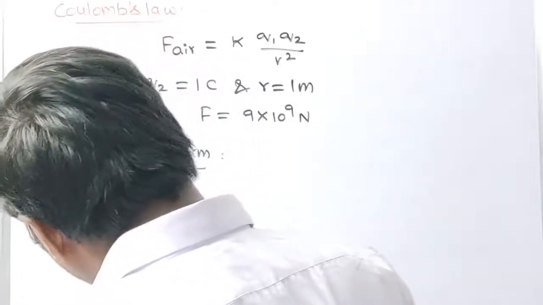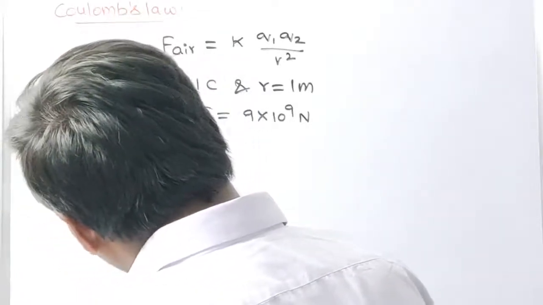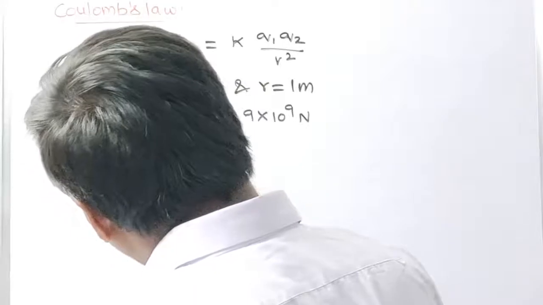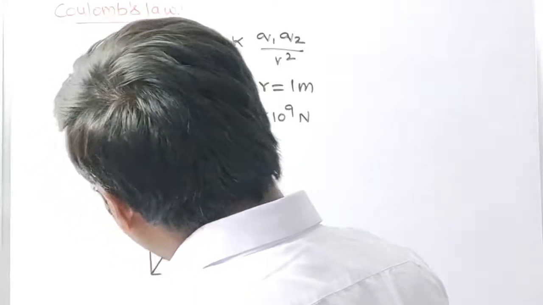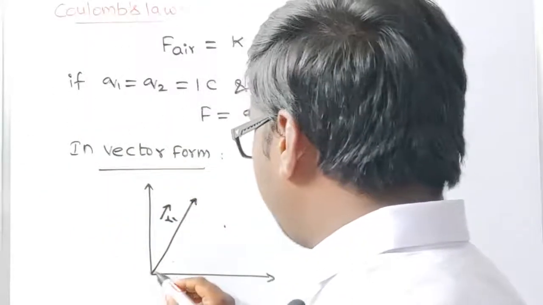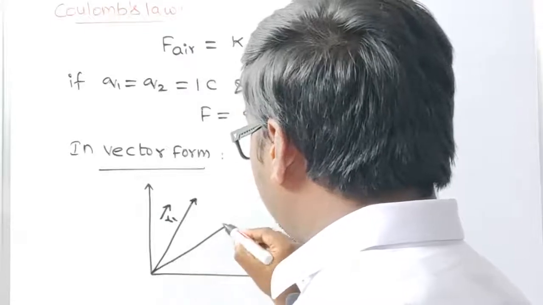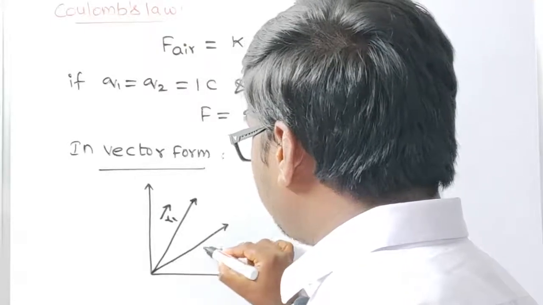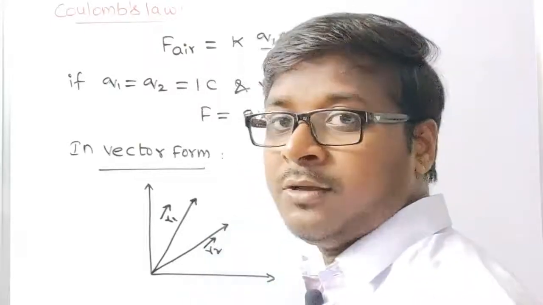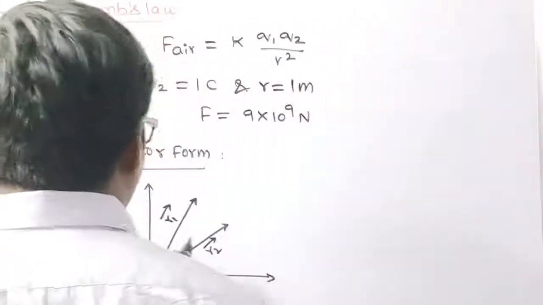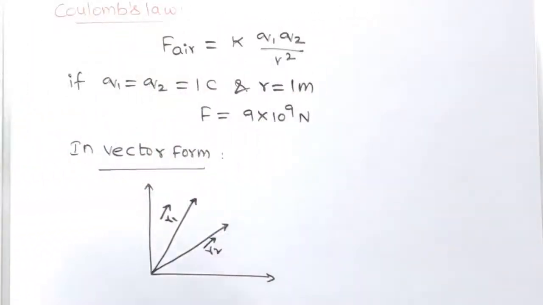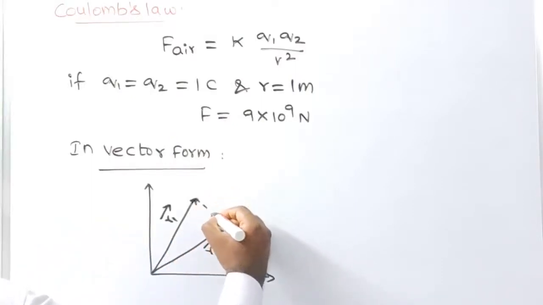This is the position vector R1 bar, and this is the position vector R2 bar. So let us consider two position vectors R1 and R2, and these two are joined.